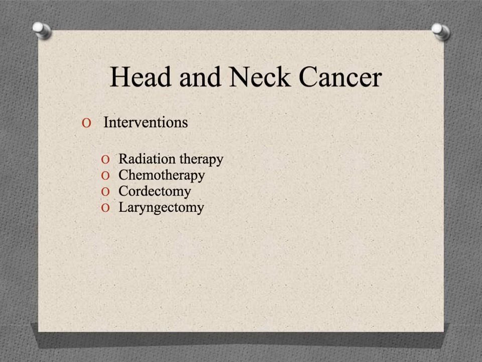And remember, the nose filters and warms the air that we put into our lungs. If they're breathing through a hole in their neck, they lose that ability to filter, warm, and humidify the air. So it's dry air, it's more dirty air, so it puts the patient at risk. And our job as a nurse is to monitor a patient with an artificial airway to make sure that it maintains patency.